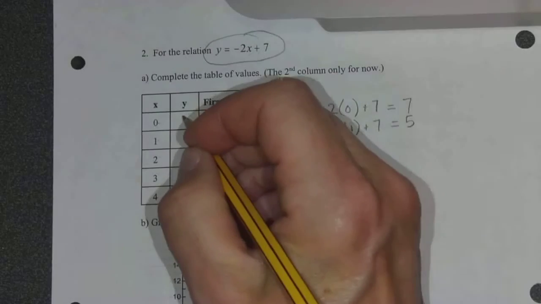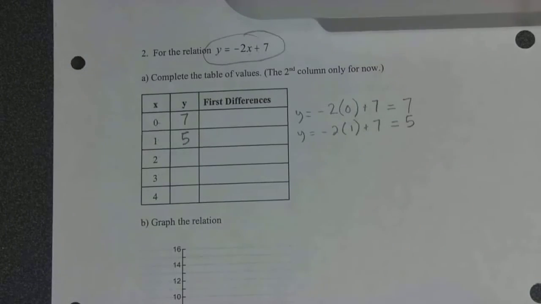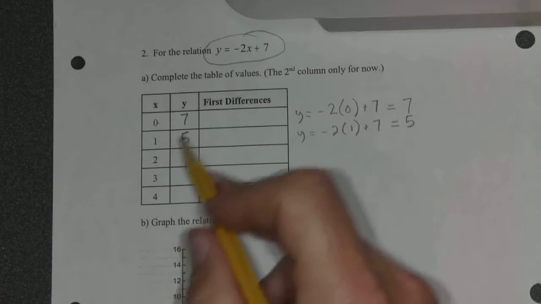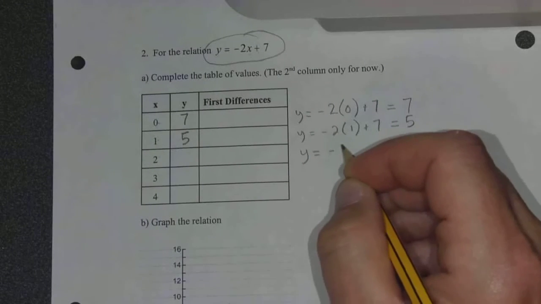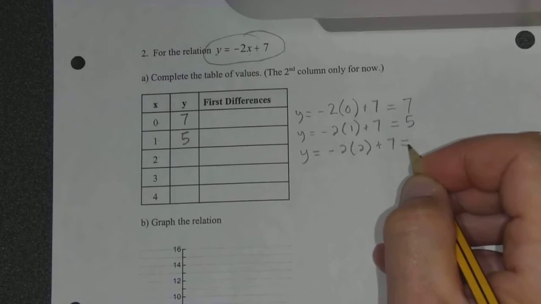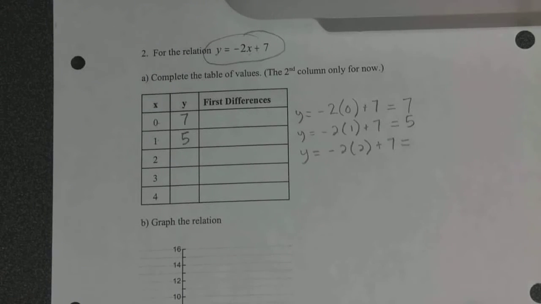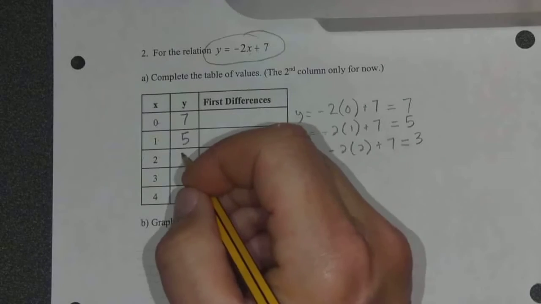So I should have put the answer 7 over here, and I should have put 5 over here. Okay, substitute 2 in for x. There's the 2. Drop the plus 7. What does that pump out? 3.